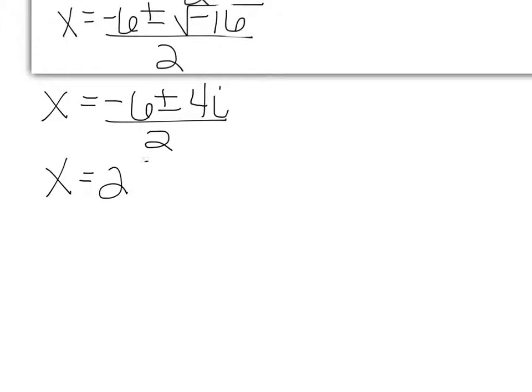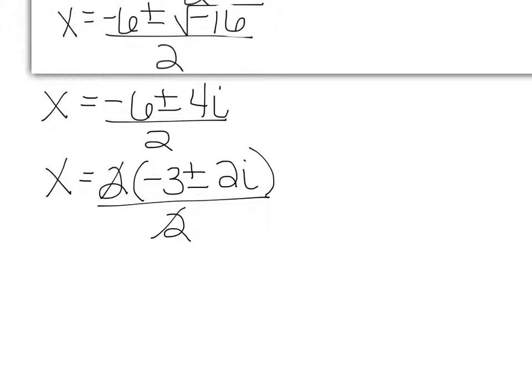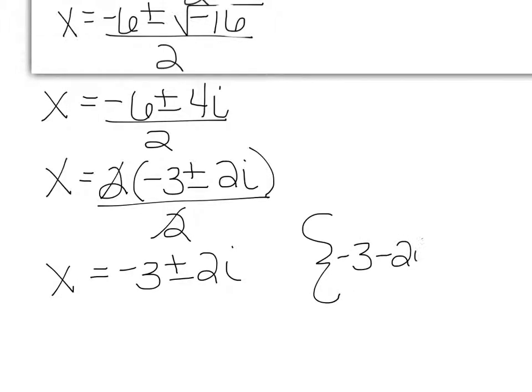So I'm going to pull out a 2, which is going to leave me negative 3 plus or minus 2i all over 2. Your 2's are going to cancel, leaving you x equals negative 3 plus or minus 2i. So it's negative 3 minus 2i and negative 3 plus 2i. Is your answer.